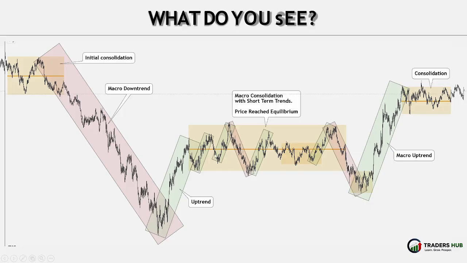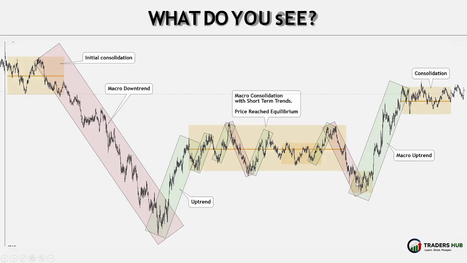But in this consolidation, you can see that on the lower time frame, we have these short-term trends: an uptrend, we enter a consolidation, we drive impulsively in an uptrend.